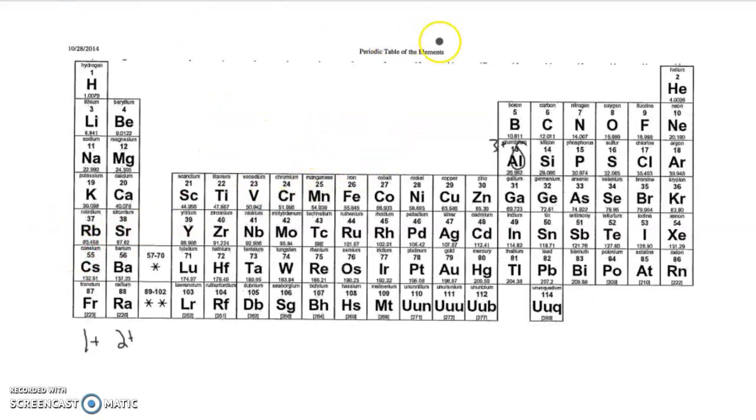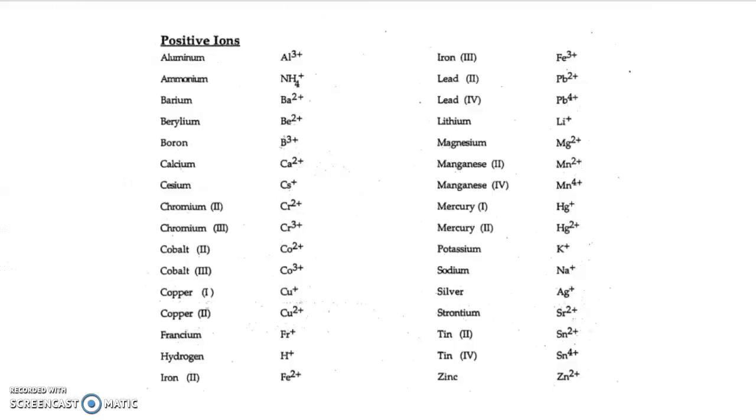There's also a list of ions. This is the positive ion list on the back of your periodic table. It gives you the charge of a lot of the positive ions, and these are the Roman numerals you need to know about. Chromium can be positive 2 or positive 3, and that's indicated with the Roman numeral.